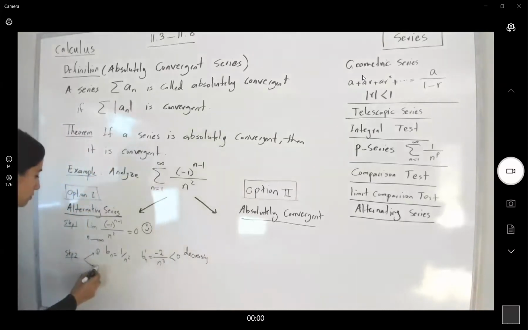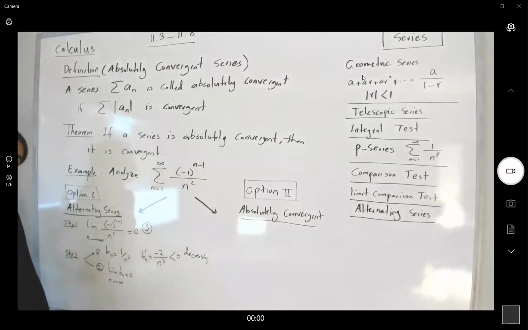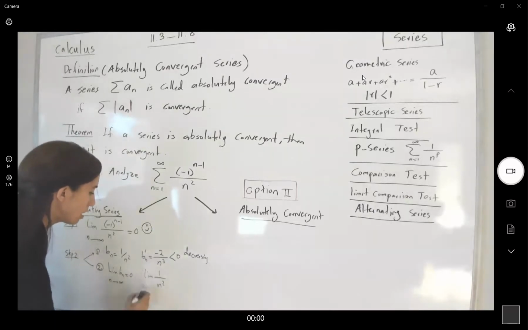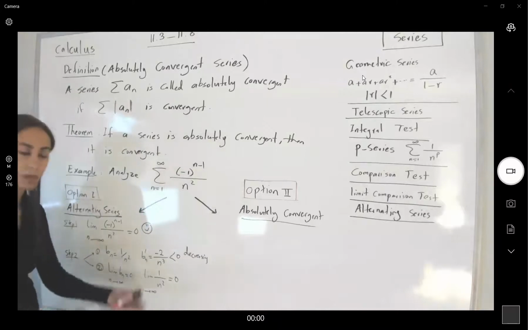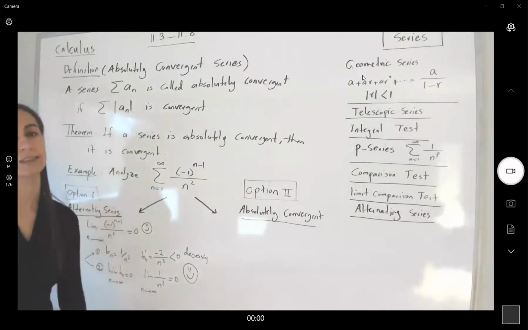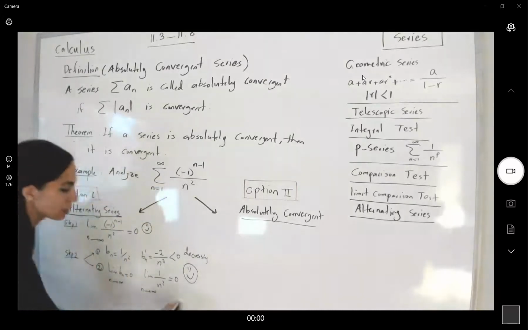And the second step is to show that the limit of Bn while n approaches infinity is 0. So you have the limit of 1 over n squared, n goes to infinity, which is 0. So the first condition is met, second condition is met. The alternating series test says, hey, this series here is convergent.